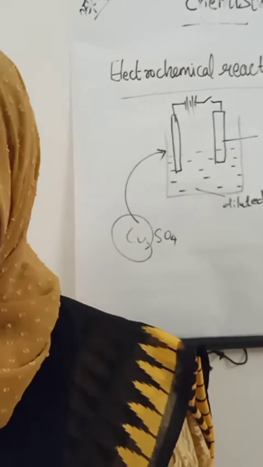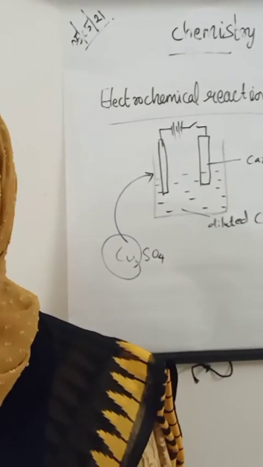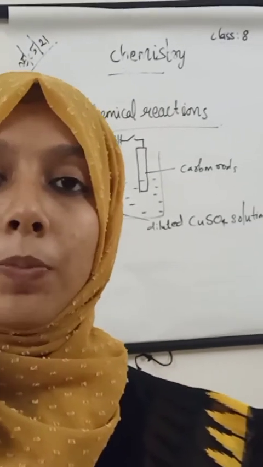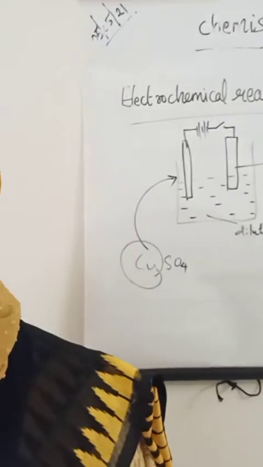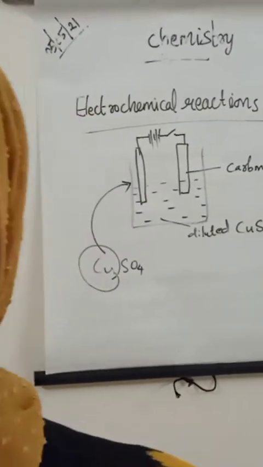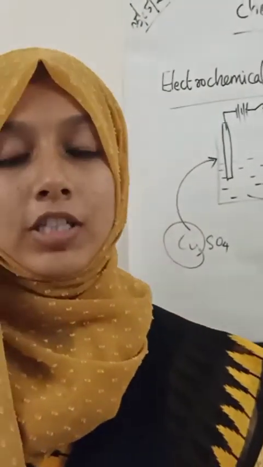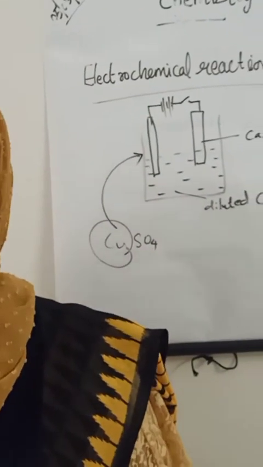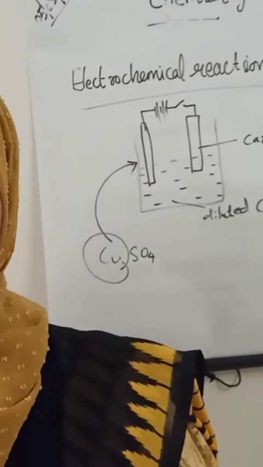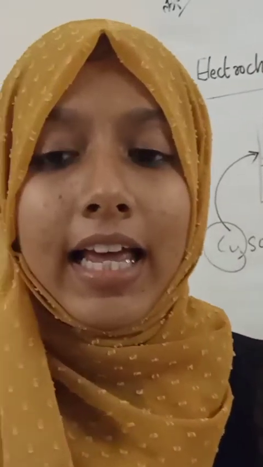In this reaction, copper sulfate decomposed with the absorption of what? Electrical energy. The process in which a substance undergoes decomposition by the absorption of electrical energy is known as electrolysis.